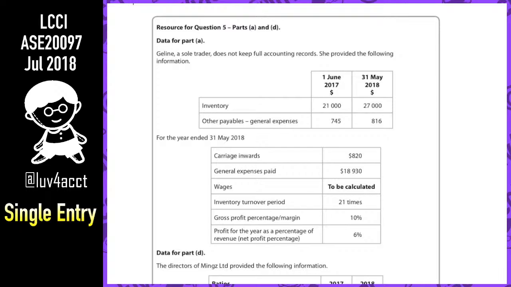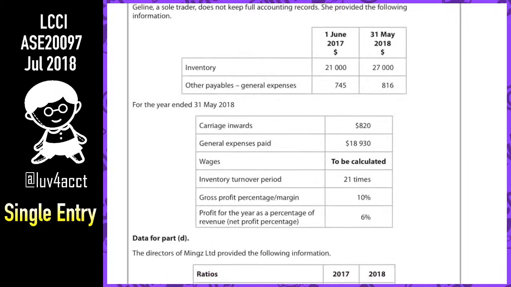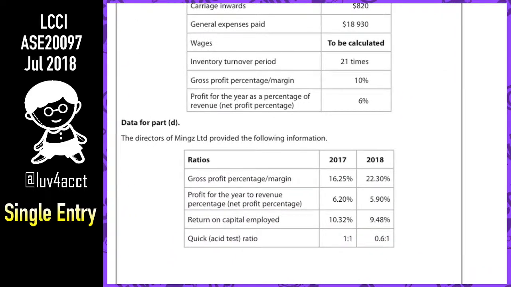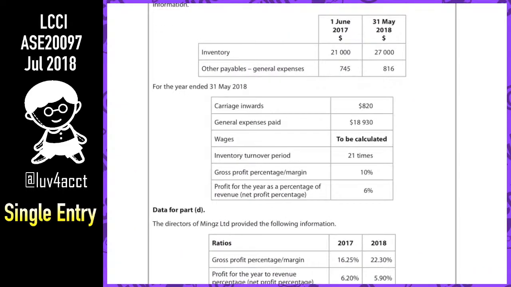Anyway, okay, given to you opening and closing inventory and also other payables for general expenses. And then for the year, we have carriage in, general expenses paid, wages to be calculated, inventory turnover period, gross profit percentage margin, okay, profit for the year percentage. Okay, and then part D is not related.